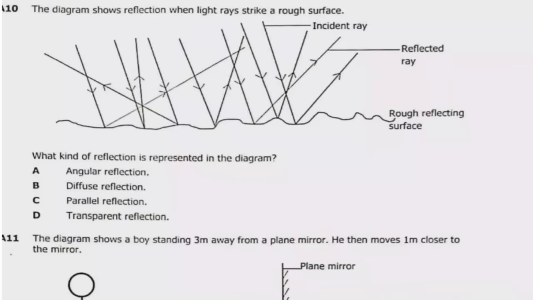The refraction from the rough reflecting surface is C, which is diffusion. That's the only type of refraction I'll talk about in this question. Diffuse refraction is the scattering of light rays from a surface that is not perfectly smooth. So that is the correct answer there.